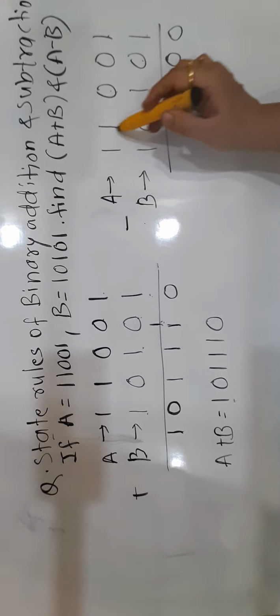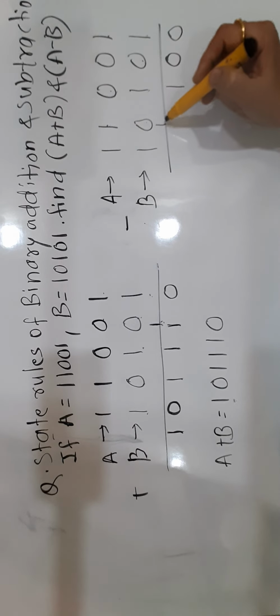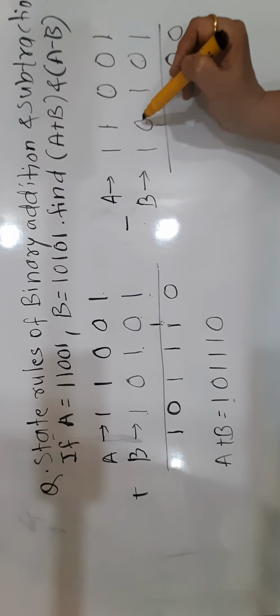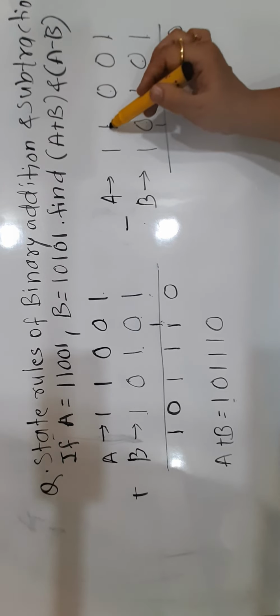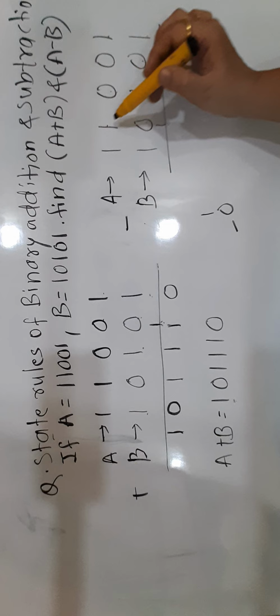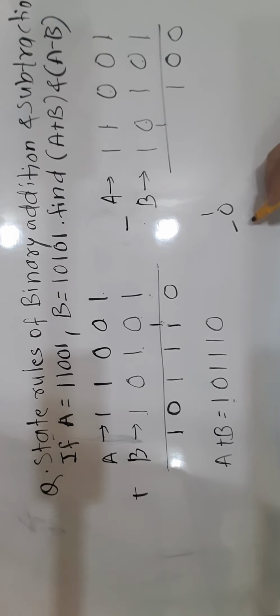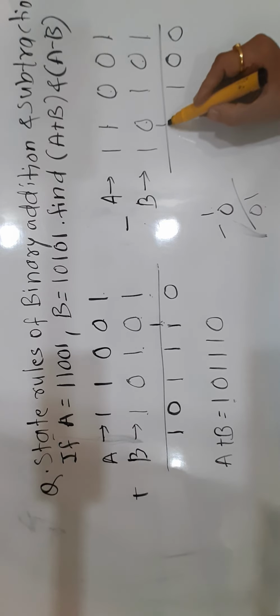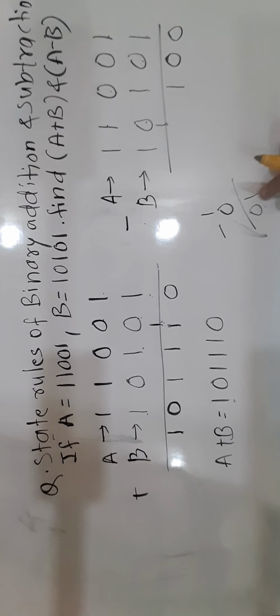Now let's solve this. Here there are 3 bits, so first we subtract this 0 from 1. 1 minus 0, the result will be 0 1, meaning 1 minus 0 is 1, no borrow. Then we subtract this borrow from this result.